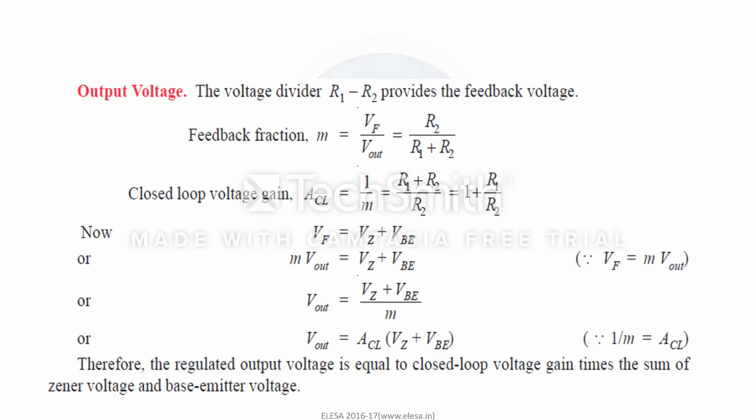Then we write the equation of feedback fraction M. So we have derived the equation of M as R2 divided by R1 plus R2. The feedback fraction is the inverse of closed loop voltage gain. We find output voltage as shown in the derivation. Study carefully the derivation of voltage.